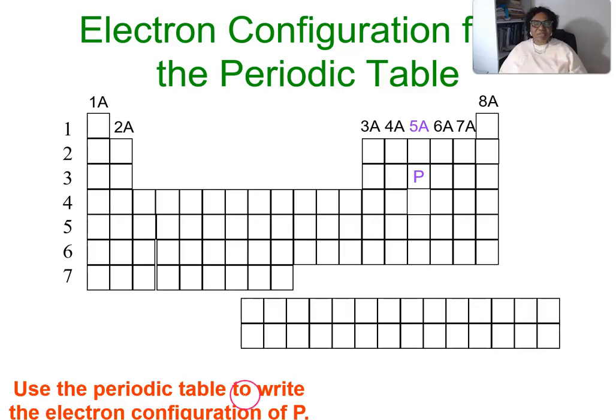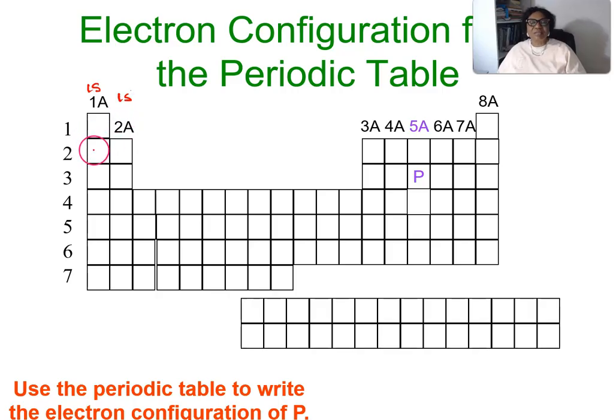So, electron configuration from the periodic table. We can use the periodic table to write the electronic configuration for phosphorus. So this is P. How do we write the electronic configuration? This is 1s.